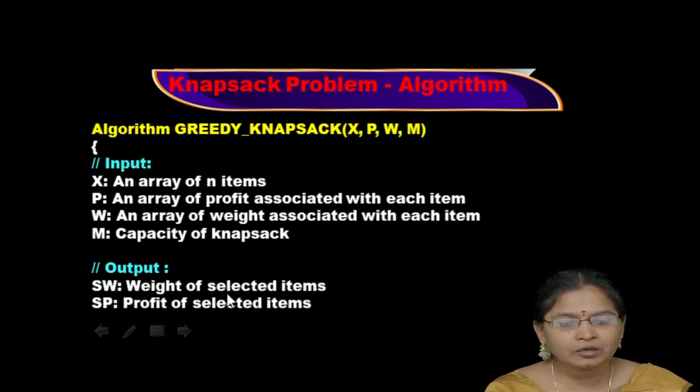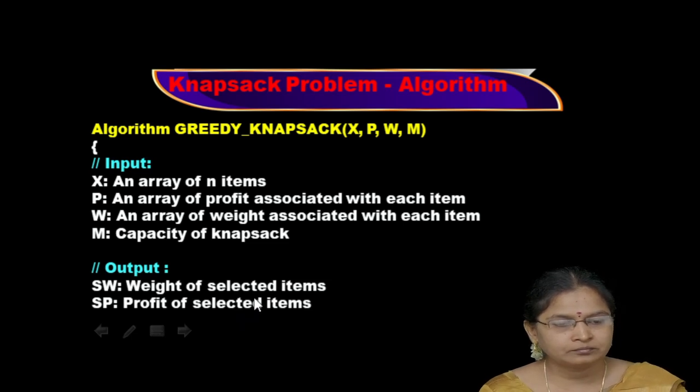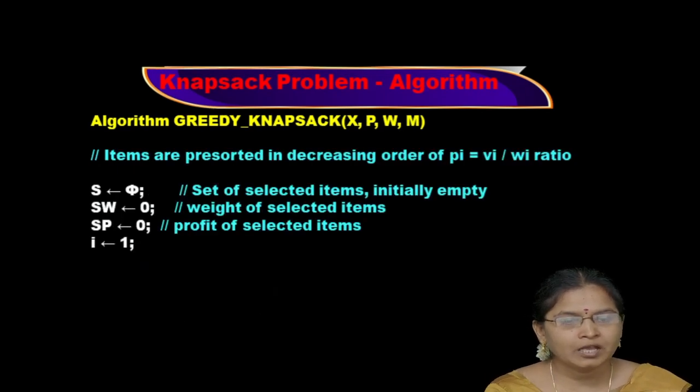And there are two output variables SW and SP, where SW is the weight of the selected items and SP is the profit of the selected items. In the next step, we have to initialize the variables. So initialize the selected items S as empty, SW and SP as 0 and the counter variable i to 1.